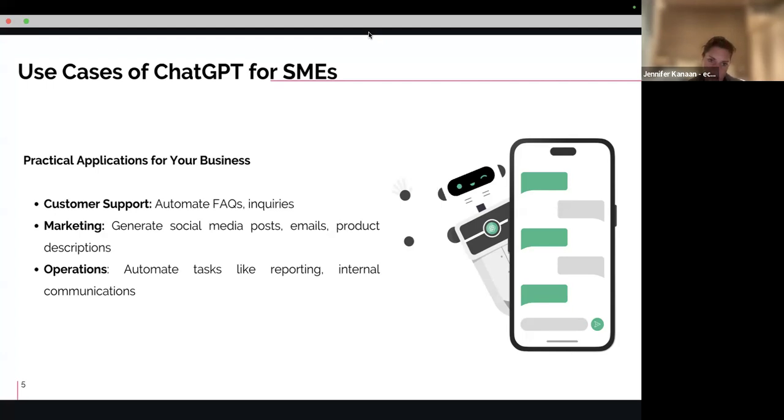Another thing is marketing. So you've all mentioned this: generate social media posts, emails and product descriptions, and so many other things. And operations, so automate tasks like reporting or internal communication. That's also a good way of helping you to decrease some of the stuff that does not require an input from you as a business owner or entrepreneur.